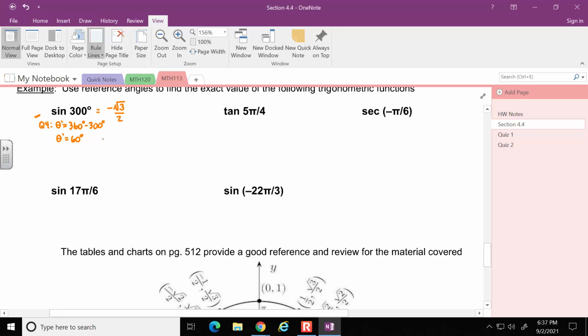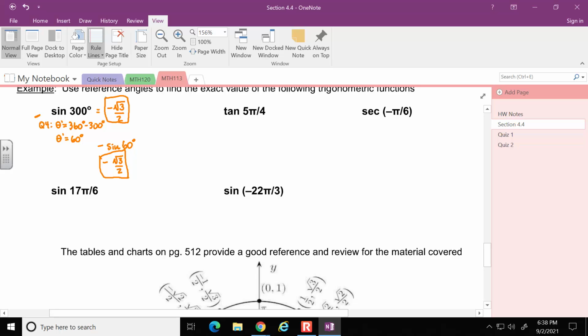So all I really need to say is negative, whatever the sine of that 60-degree reference angle is. If you remember that sine of 60 degrees is square root of 3 over 2, then you're going to have negative square root of 3 over 2. Either way, you're going to get the same answer.